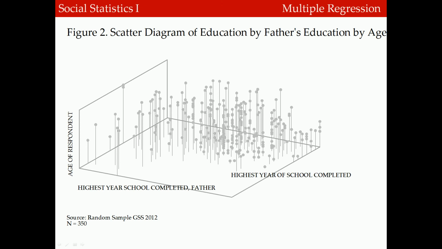Because we've added another variable, we've added another dimension to our data, and now we need a regression plane. And so notice that we also increase the amount of error that has to be explained, because not only does error have to be explained on one dimension, father's education by response education, but we now have to do it on another dimension, age and response education.